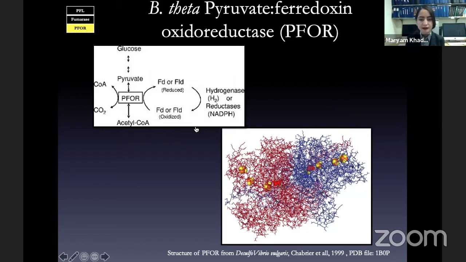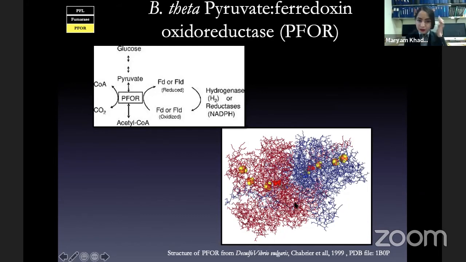Now here is the resolved structure of this enzyme from Desulfovibrio. You can see beautifully that it has 2 subunits shown in blue and red here. Each subunit has 3 iron-sulfur clusters, which are yellow and orange, and 1 TPP, which is red and gray and blue.